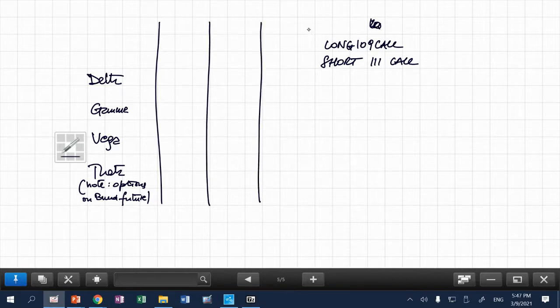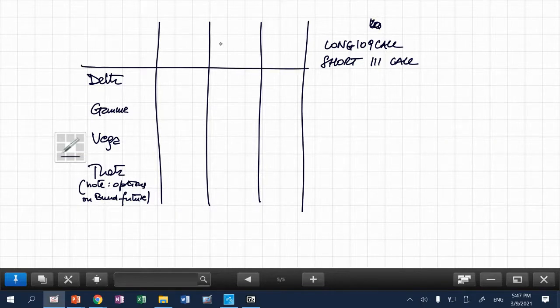And what I would like you to reason about with me is the following. Consider which are going to be the Greeks under 3 different levels of the price of the underlying. So 109, sorry, 110, and 111. What can we say about the Greeks in these 3 different situations?